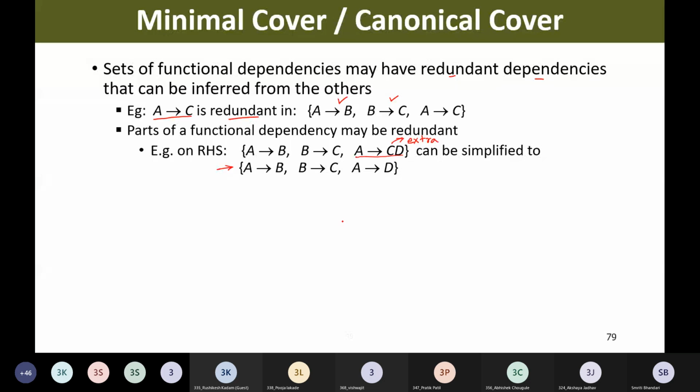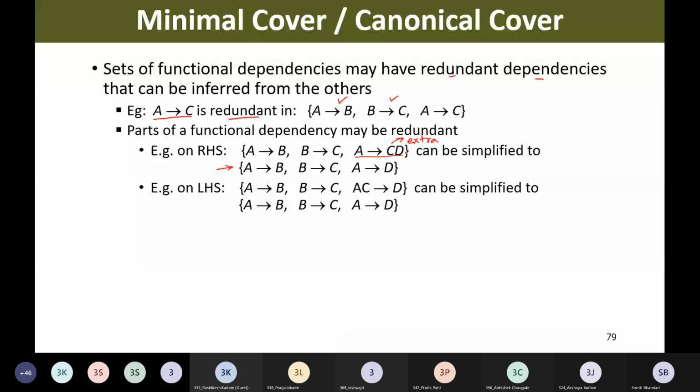So we talked about the extraneous attribute on the right hand side of the dependency. But we may have an extraneous attribute on the left hand side as well. For example, if we have the dependencies A to B, B to C and AC to D, this can be simplified as A to B, B to C and A to D. Here we observe that the left hand side of the functional dependency AC to D has the attribute C, which is extra.